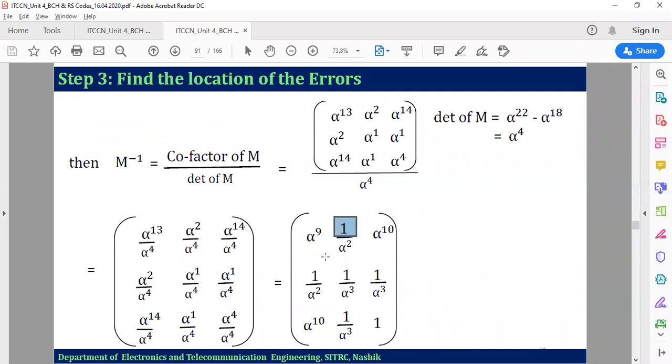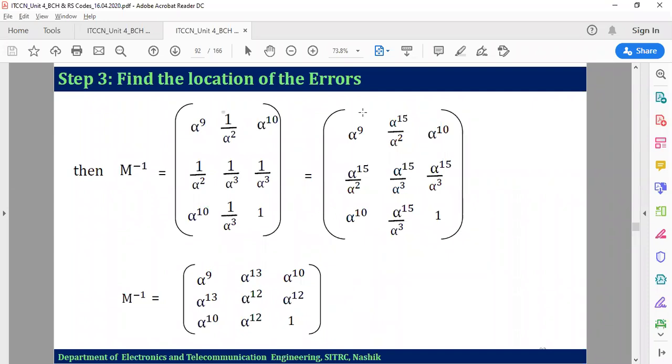So replace this 1 in each of these terms by alpha 15. So the numerator will be, instead of 1, we are going to replace it by alpha 15 and then do the division. Okay, so I have replaced this 1 by alpha 15.